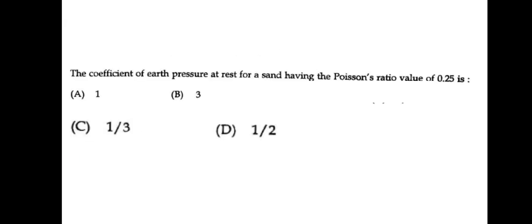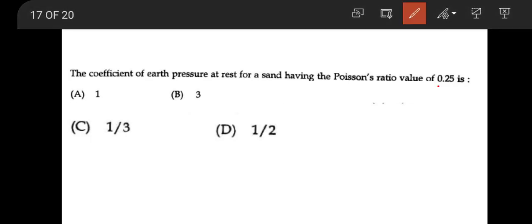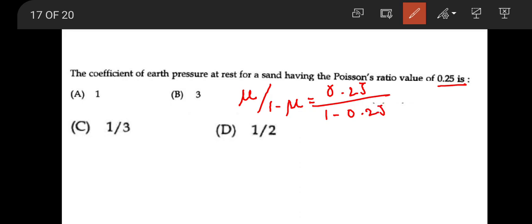The coefficient of earth pressure at rest for a sand having Poisson's ratio value 0.25, that will be given by mu by 1 minus mu. So here if it is 0.25, so that is given by 0.25 divided by 1 minus 0.25, which is 0.75. So here 1 by 3 is the correct answer.